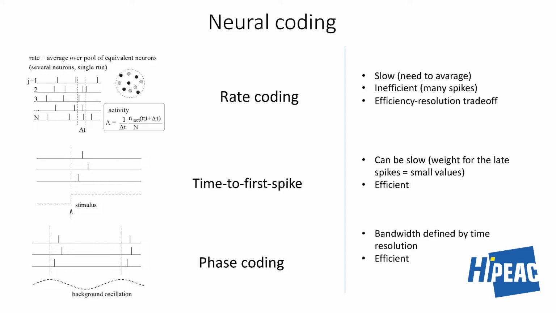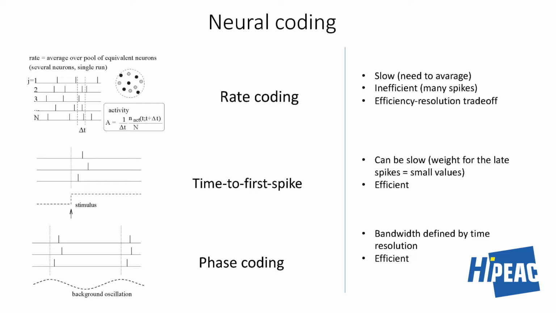And I can use that, so the advantage will be, I'll maybe reveal the advantages. So the first one is slow, needs to average, inefficient, many spikes, and this efficiency-resolution trade-off is just not quite optimal, right? So if I have very low resolution, either firing or not, then I can be efficient, but if I have high resolution, then it's not very efficient.